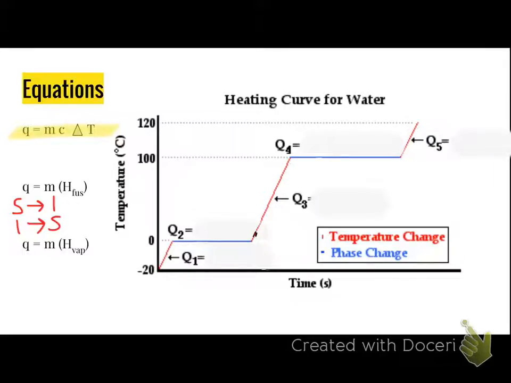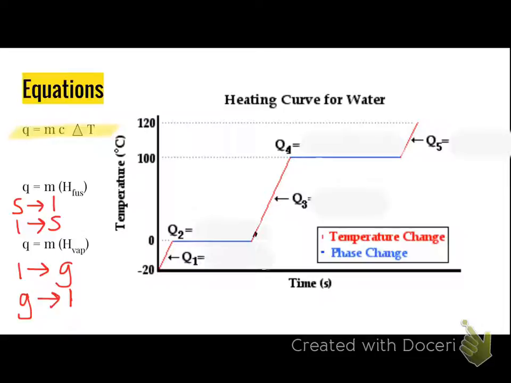So that's going to be that melting or freezing phase where we flatlined out. Then heat of vaporization, well, when you hear the word vapor, you should be thinking gas, so that's going to involve your gas. That's going from a liquid to a gas, or a gas to a liquid.